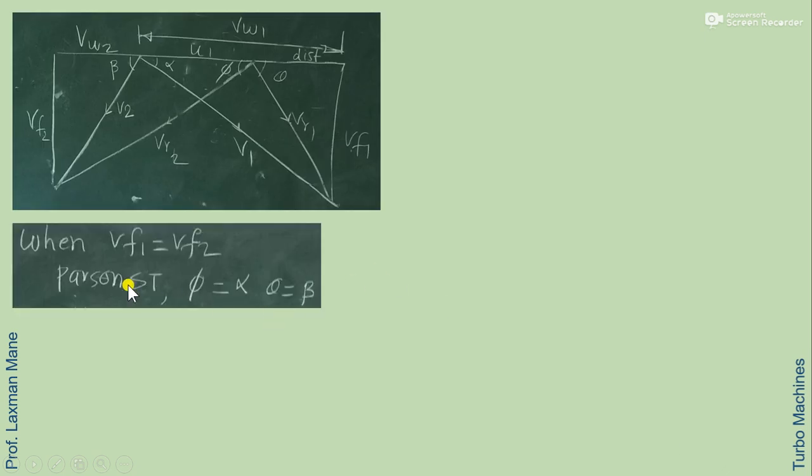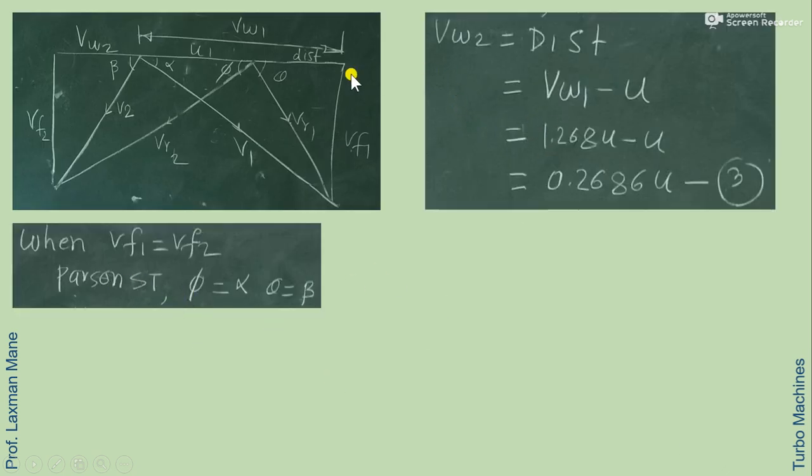After that, here we can use the concept of Parsons steam turbine and superimpose the velocity triangles. See, as this u is common for both triangles, that's why the other side difference Vw2, this distance will be equal to this distance.